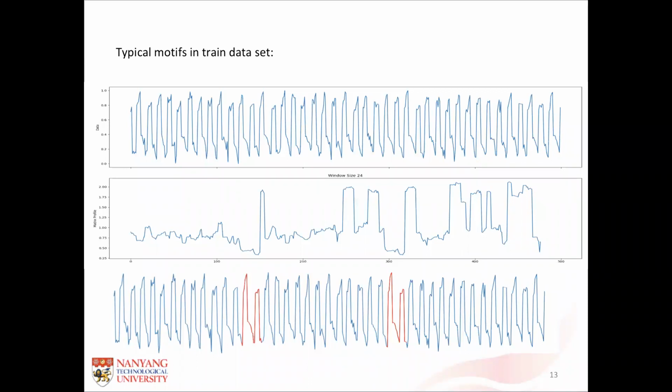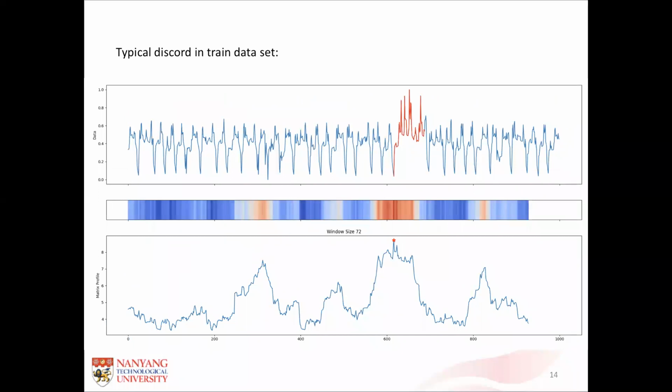You can see the regular patterns highlighted in red. They look similar. And this is a typical example of a discord. You can see it has a very large distance, and the shape of the highlighted data is quite different from the others.